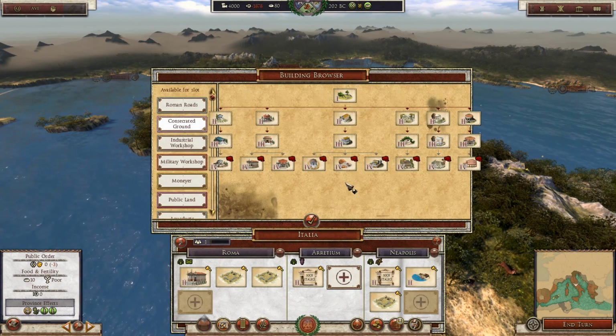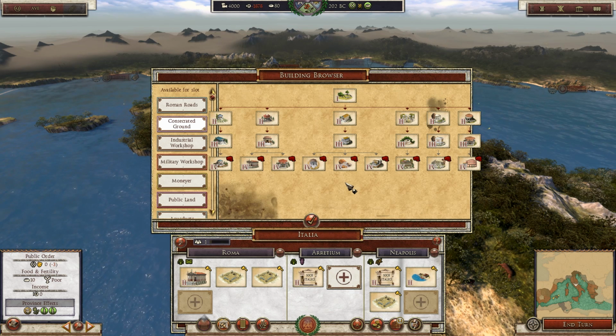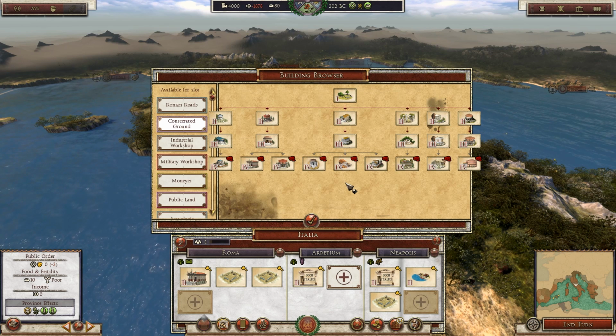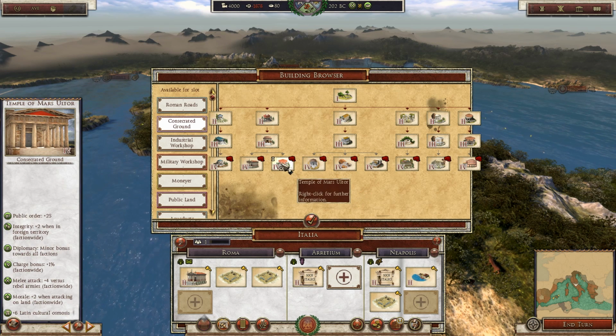Consecrated grounds or temples are pretty straightforward. They are temples to the various deities of the Roman religion. Each deity has its perks, but there are a few of note here. The temple of Mars Ultor was established after the Triumvirate Wars, and as such, it sees an increase of melee attack versus rebel armies, as the god's fervor of killing traitors against Rome was very strong.